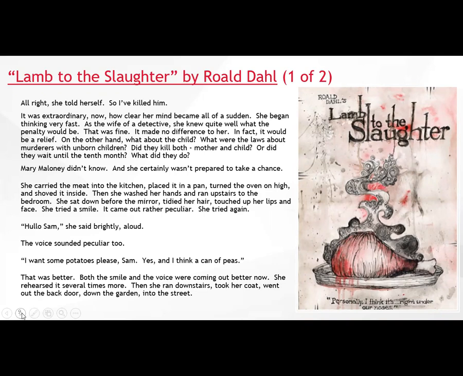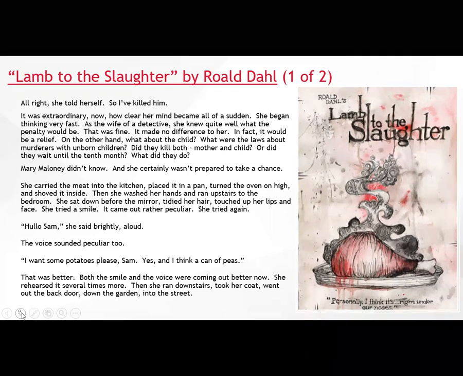The voice sounded peculiar, too. I want some potatoes, please, Sam. Yes, and I think a can of peas. That was better. Both the smile and the voice were coming out better now. She rehearsed it several times more. Then she ran downstairs, took her coat, went out the back door, down the garden, into the street.